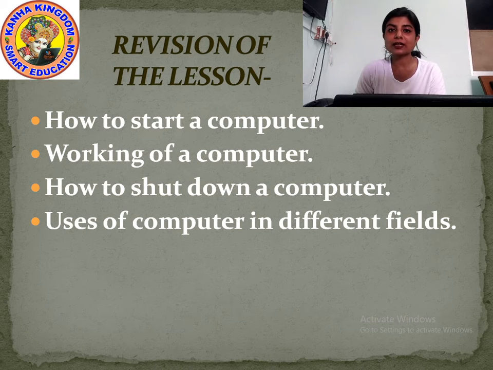You will click on that shutdown with the help of your mouse. After that, you will wait until the screen turns black, and after that you will switch off the main power button. Okay? Before switching off the computer, we must always close all the work that we are doing in the computer. After that only you shut down the computer.